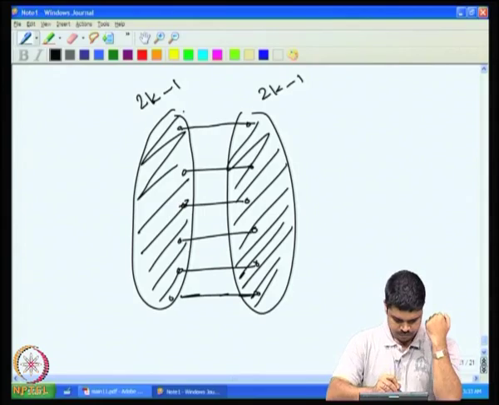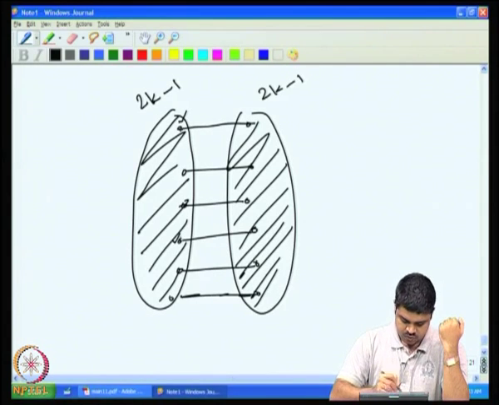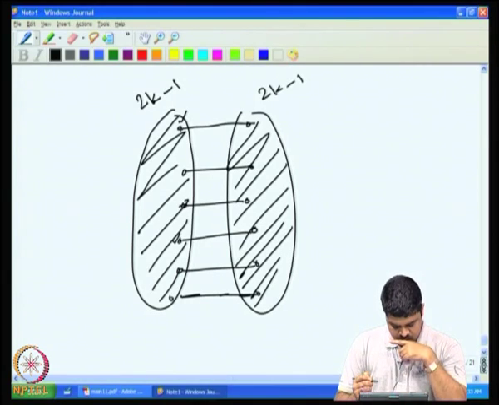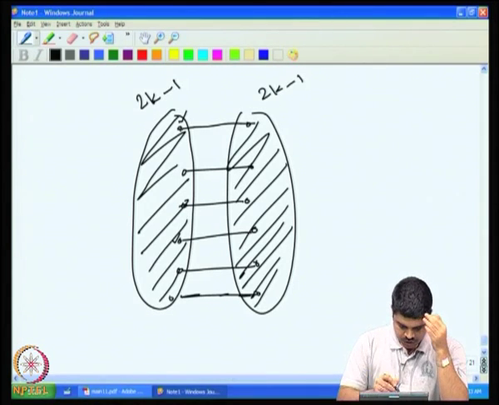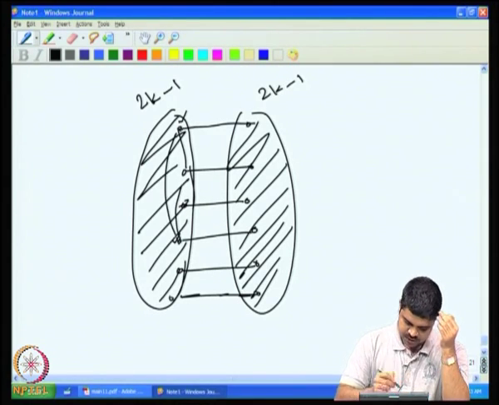For instance, if you want to inspect the connection between these 2 vertices, how many paths do we have between them? Each of the intermediate vertices will give one path like this, and one direct path is there.